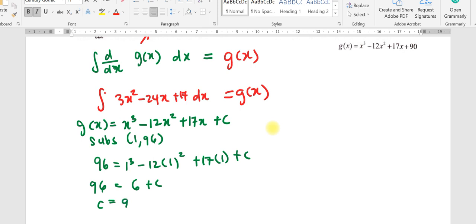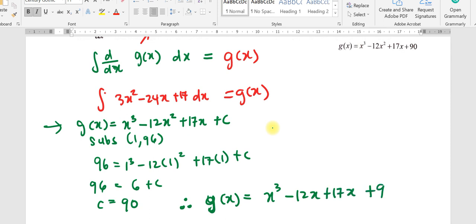So, c should be 90. Therefore, your gx lah, gx equal to x cube. Mana equation kamu? X cube minus 12x plus 17x. C sudah dapat 90. Okay, that is the answer.